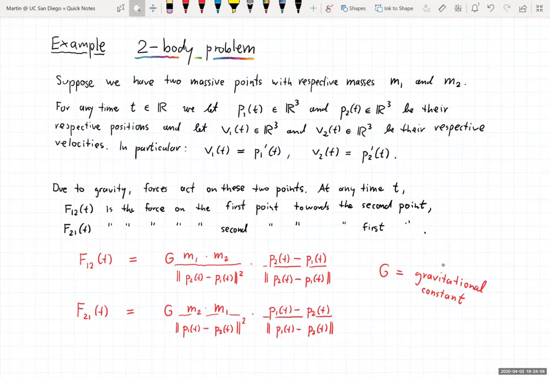What we can see is that the force will decay quadratically as the particles are moved further and further apart. But conversely, as the particles get very close, the force will become stronger and stronger. In fact, the closer they are, the force will eventually go to infinity.